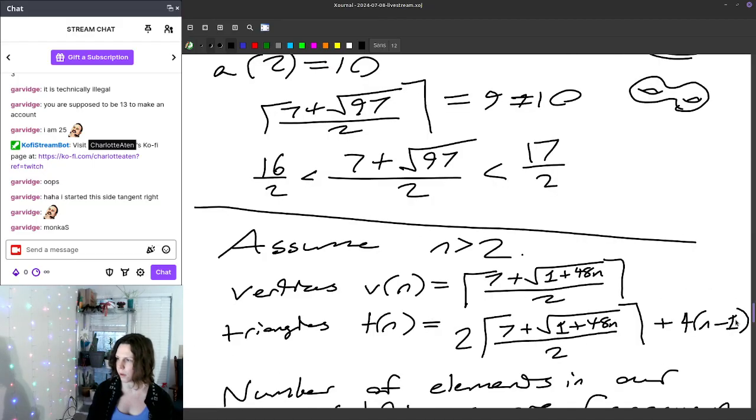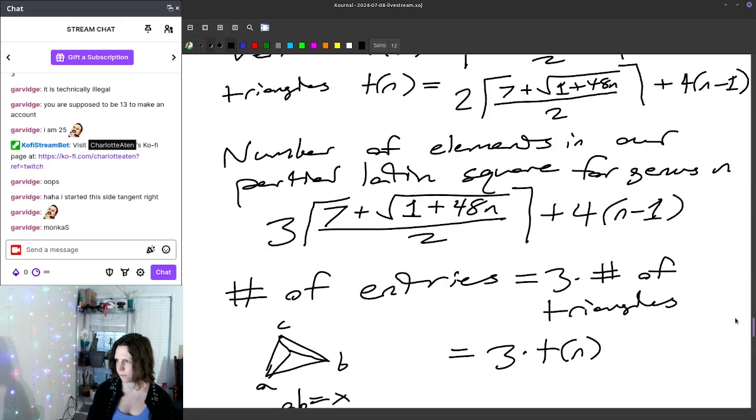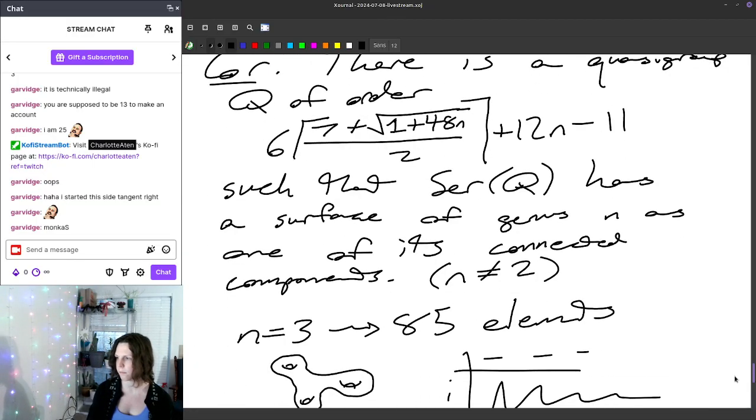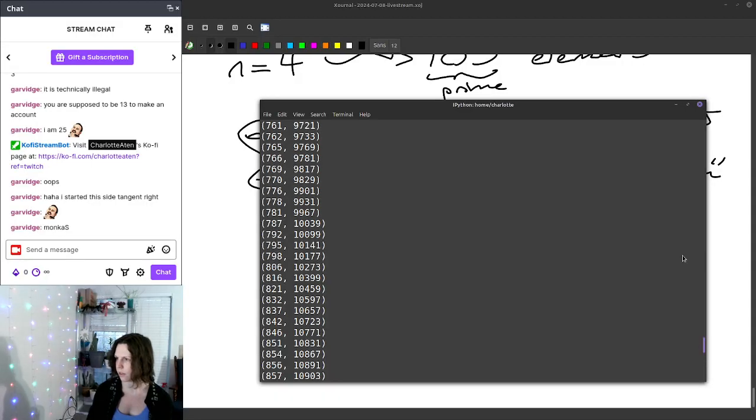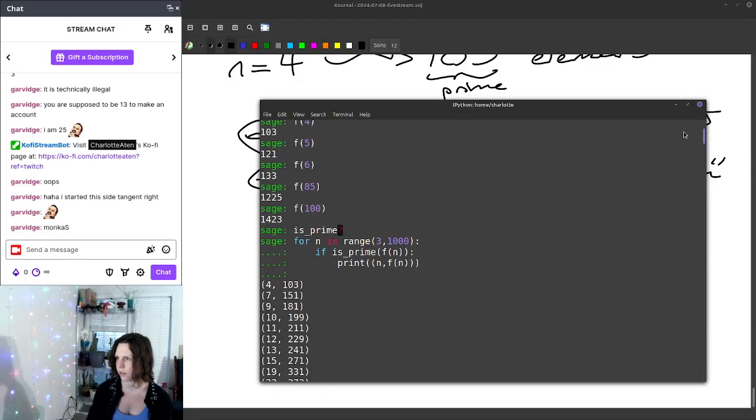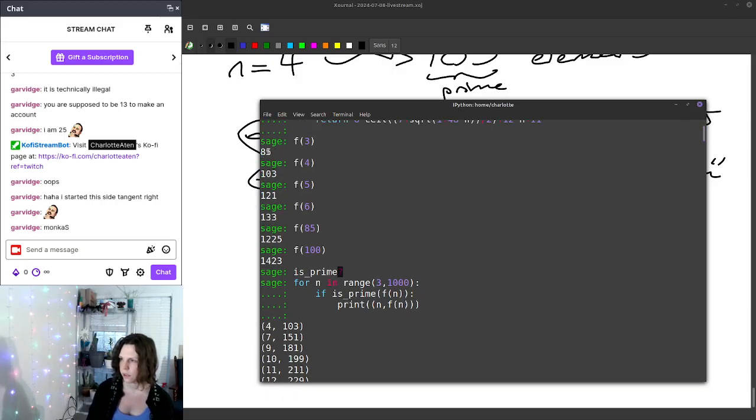I did remember one other thing I wanted to try, though. I had written some code. Okay, these are all the prime ones. The sequence of the orders of these things that I get goes 85, 103, 121, 133.